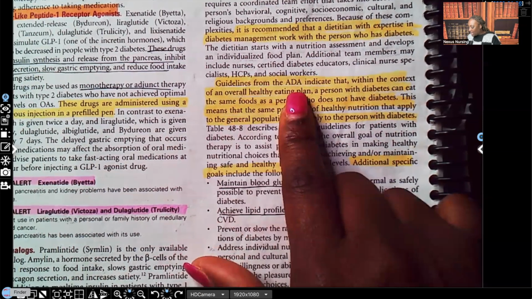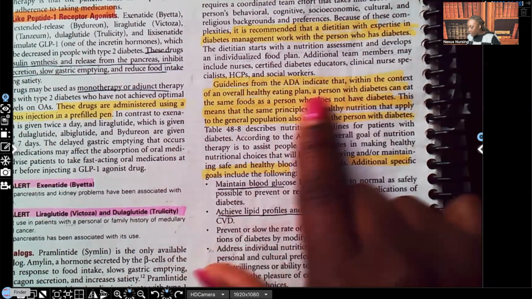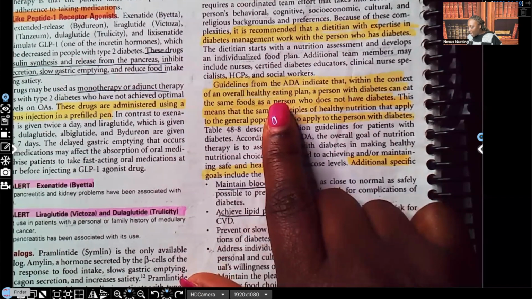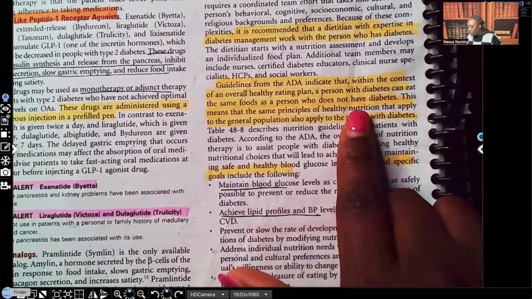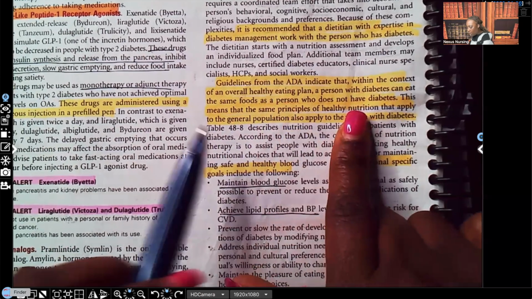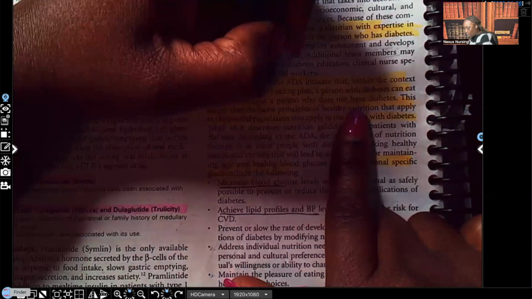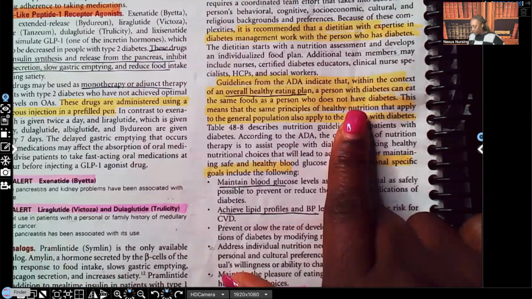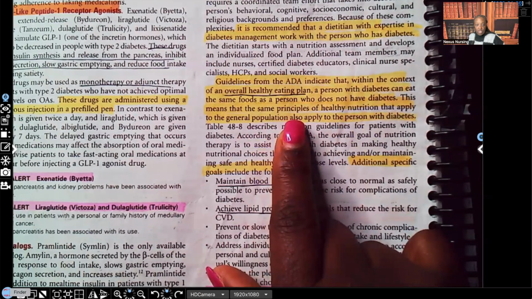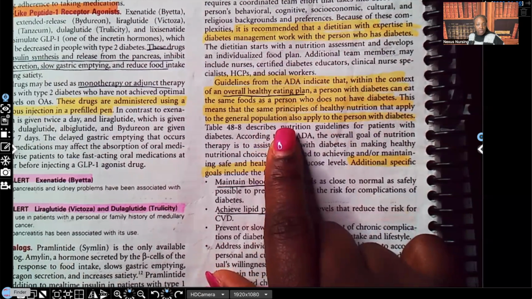Guidelines from the ADA indicate that within the context of an overall healthy eating plan, a person with diabetes can eat the same foods as a person who does not have diabetes. But look at the key, the context of what? Look at this, an overall healthy eating plan. This means that the same principles of healthy nutrition that apply to the general population also apply to the person with diabetes.